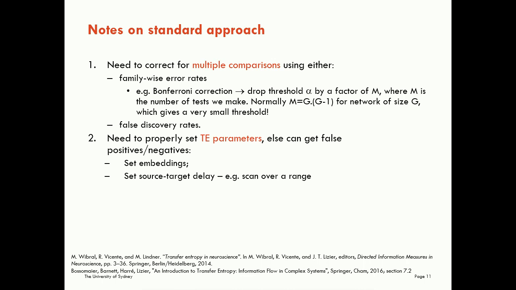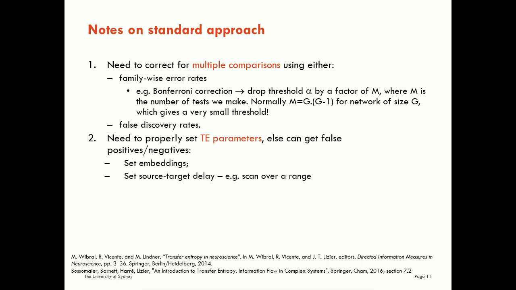We also need to properly set our transfer entropy parameters. If we don't, then we can get false positives or negatives fairly easily. What's very important here is to set our embeddings right, particularly for the target. That's something that Wibral et al. showed very clearly in some simple synthetic examples. We also need to set our source-target delay correctly.